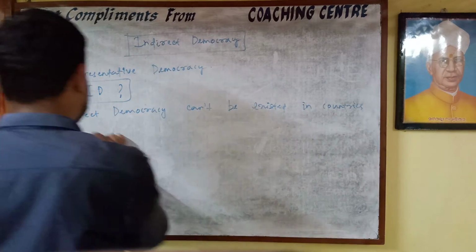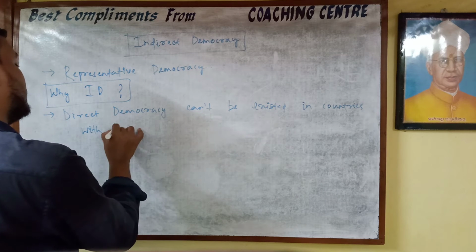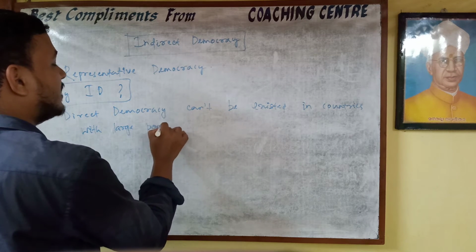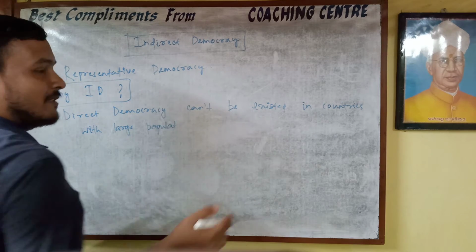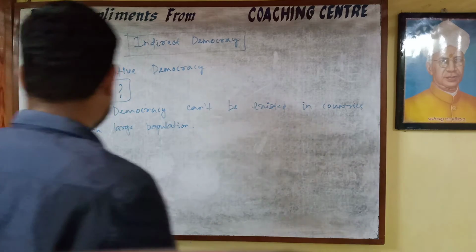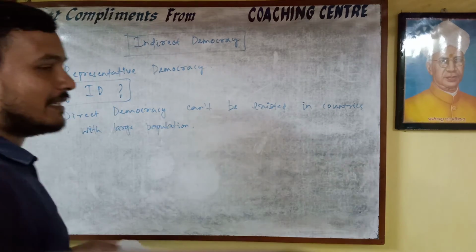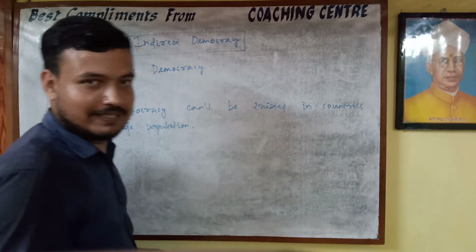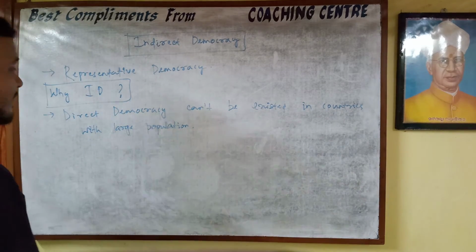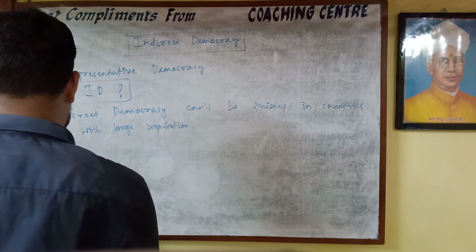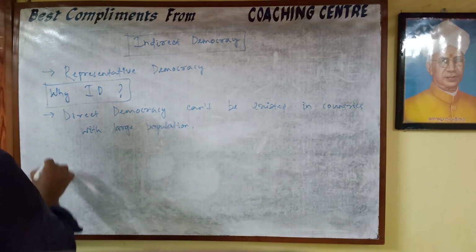India has a large amount of population. So how to control the common people's assembly? Are you getting my point? So direct democracy cannot exist in all countries. Why? Because the population is increasing day by day. Yes or no? Growth factor, development factor. So a representative form of democracy is that form of government.